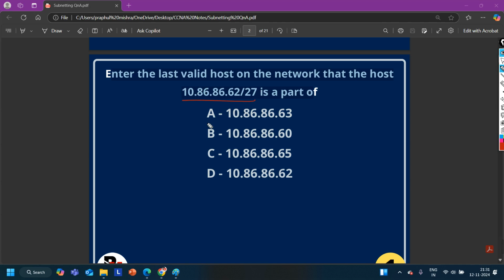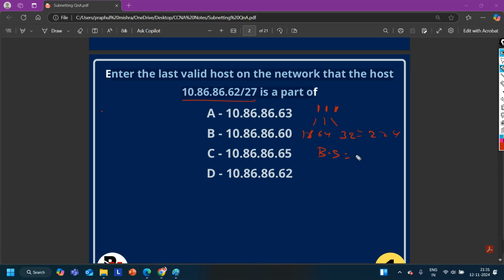For /27, what will be the subnet mask? 27 means 3 bits, which means we have borrowed 3 bits: 128 plus 64 plus 32 means 224.